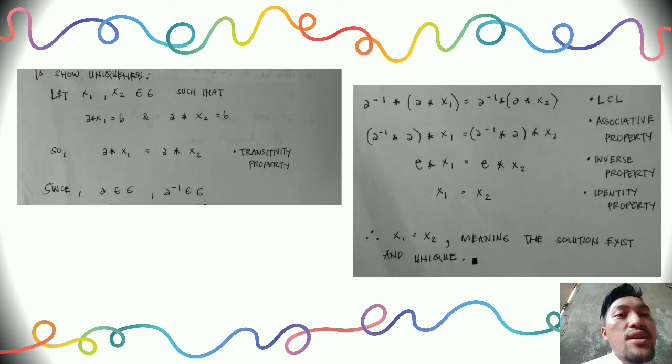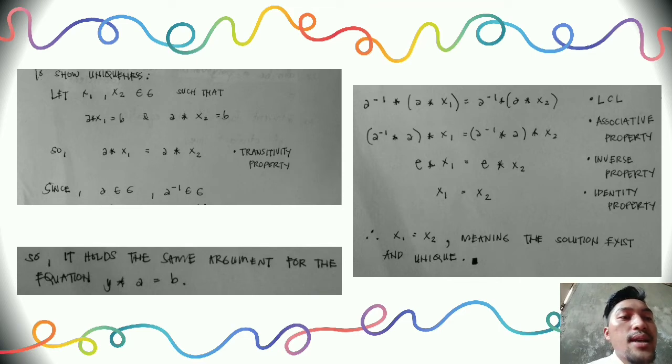So A inverse star A star X sub 1 equals A inverse star A star X sub 2. By using the left cancellation law, and by the associative property, we combine A inverse and A, and then we have E. Getting in the inverse property, we have E star X sub 1 equals E star X sub 2, and by the identity property, we have X sub 1 equals X sub 2. Therefore, X sub 1 equals X sub 2, meaning the solution exists and is unique. And it is already proven. So the same argument holds for the equation Y star A equals B.